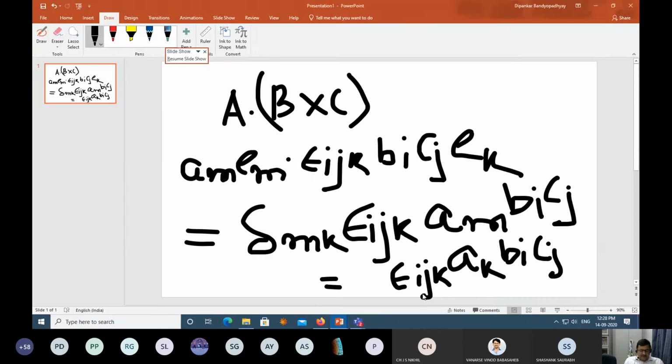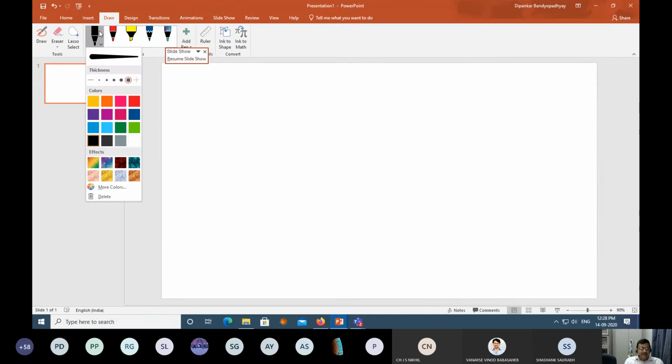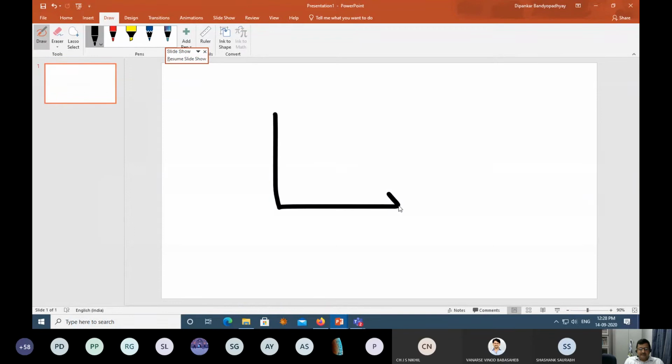Suppose this is my coordinate system: this is my x, this is my y, this is my z. Any point, how do I define? I can define as xi ei.